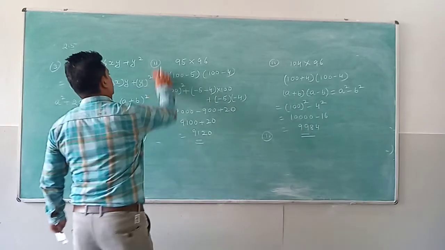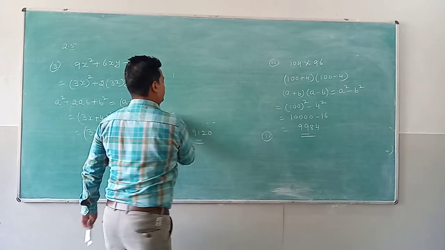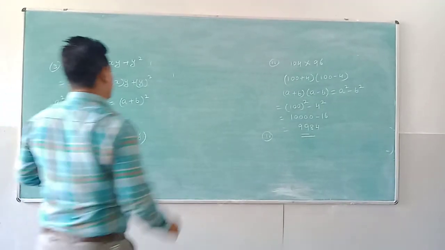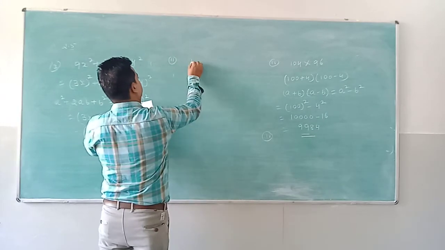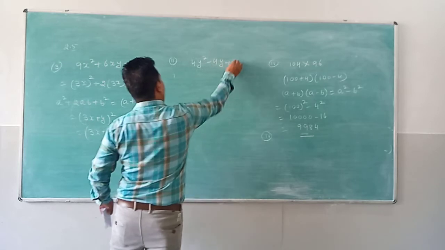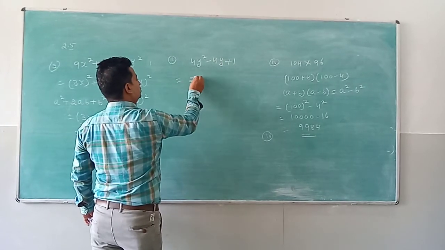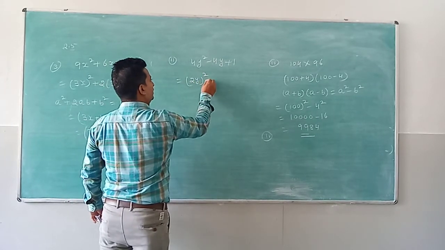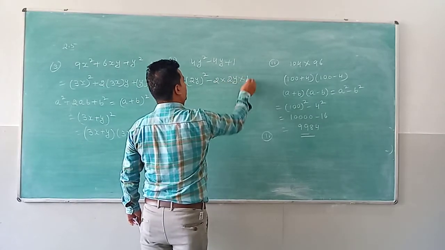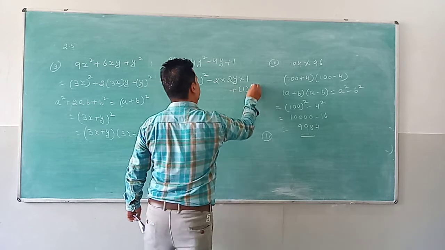In the next question, the statement is 4y² − 4y + 1. This becomes (2y) whole square minus 2 into 2y into 1 plus (1) whole square.